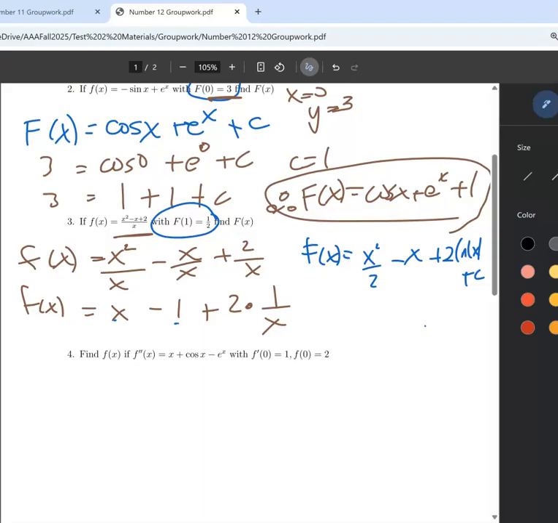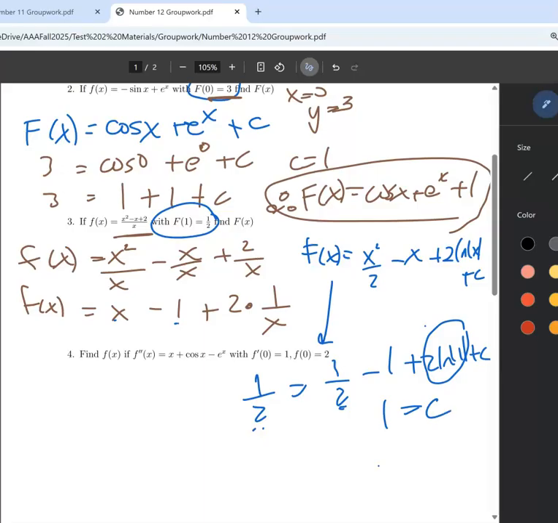This is going to help me find the c. So let me write it down here. So I get 1/2, the y value, equals, and I'm plugging in x equals 1: 1/2 minus 1 plus 2 times ln of 1 plus c. You know ln of 1 is 0, right? And so these two 1/2s, they cancel. I move that to the other side.